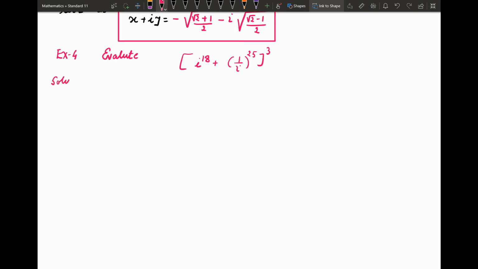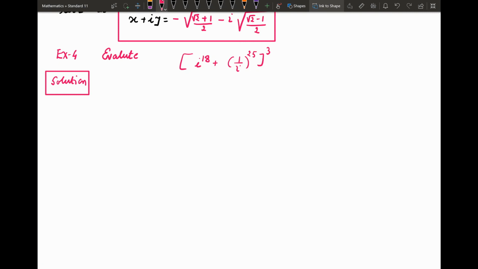So let us evaluate. Solution. We have to evaluate (i raised to 18 plus 1 upon i raised to 25) whole raised to 3.